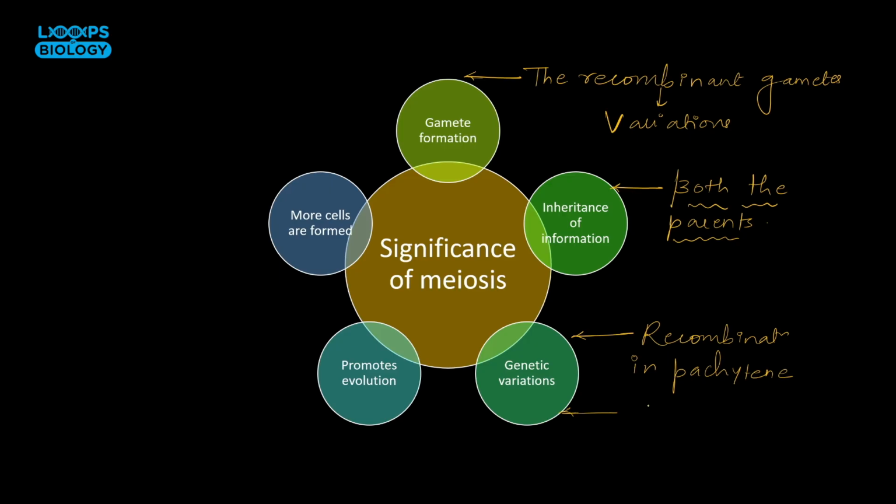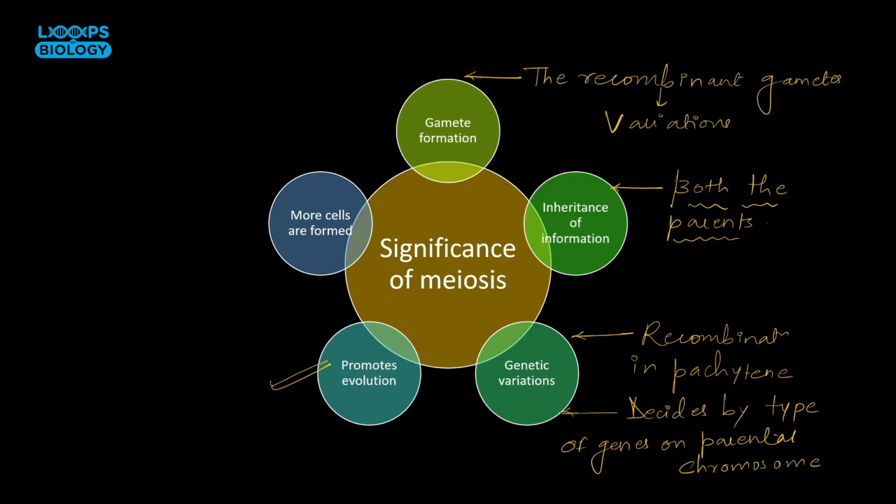So these genetic variations are also decided by the type of genes on the parental chromosome. All right. Then this genetic variation is promoting evolution. Obviously, survival of the fittest is the concept of Darwin: whoever has the better genes will survive, and that will promote evolution further.